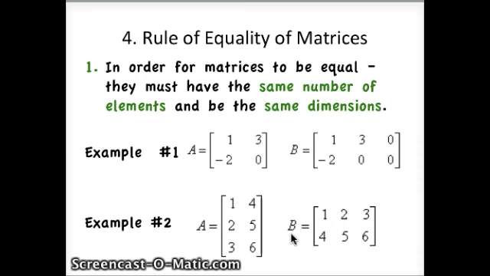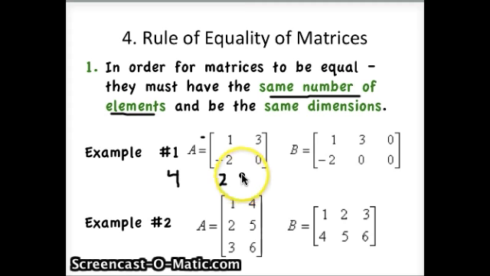All right, so next we're going to do the rule of equality of matrices. In order for matrices to be equal, they must have the same number of elements. Remember, elements are the same as entries, same number of elements or entries, and be the same dimensions. So for example number 1, matrix A has 1, 2, 3, 4 entries. So that's the same number of elements or entries, and it's 2 rows by 2 columns.